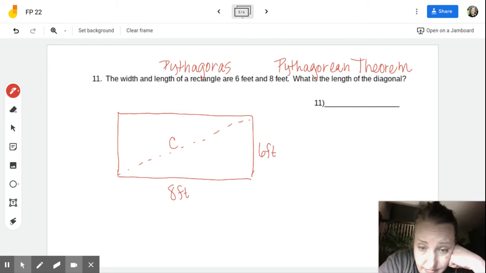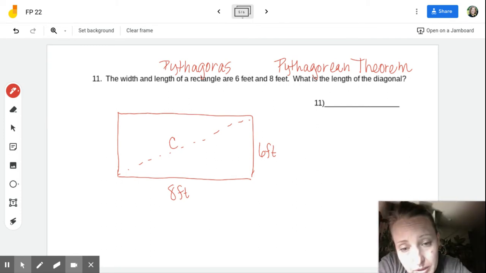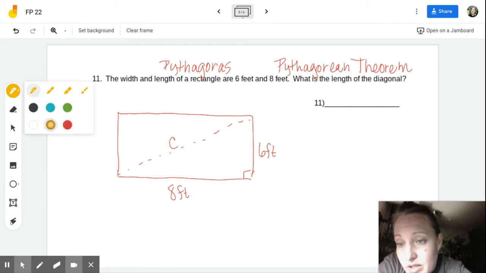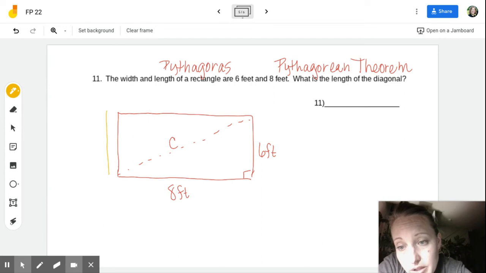Now, if we were to put this on a coordinate plane, right, we could kind of envision this as like, do you know how we have a line and we want to find the slope of the line, right? The rise, and the run. Let's go here. The slope here, rise and run.